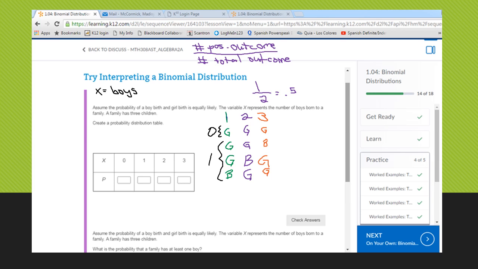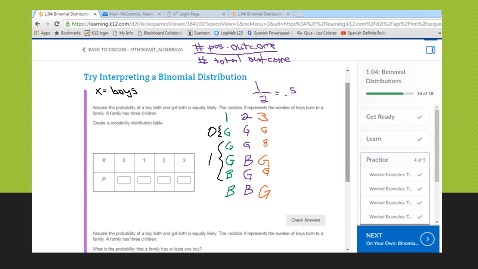Okay. Now looking at 2 boys, the first child could be a boy, and the second child could be a boy, and then the third child would be the girl. And this is going to work out very similar to the one up above, because before we had girl, girl, boy, now we're going to have boy, boy, girl.